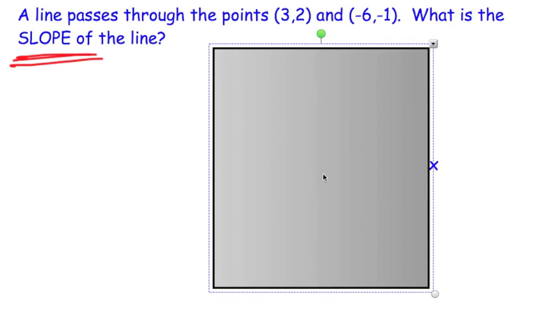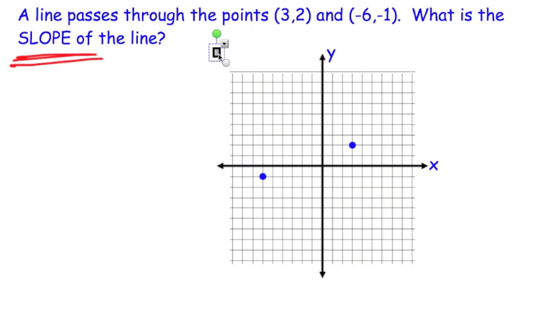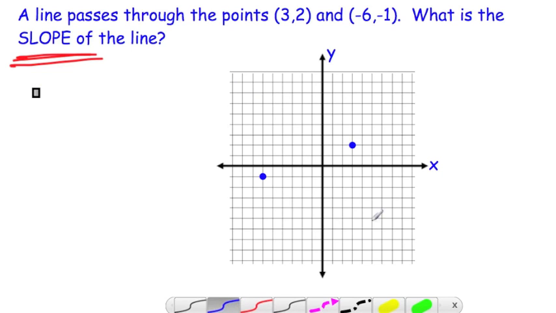So let's take a look. 1, 2, 3, 1, 2. 1, 2, 3, 4, 5, 6 in the negative direction. 1, which is down in the negative direction.